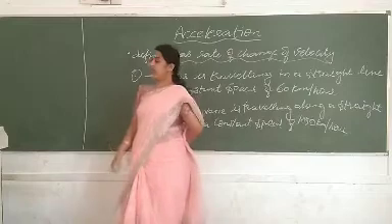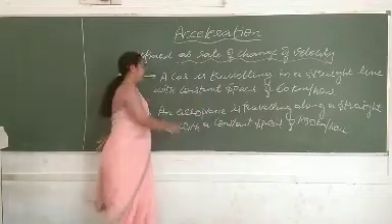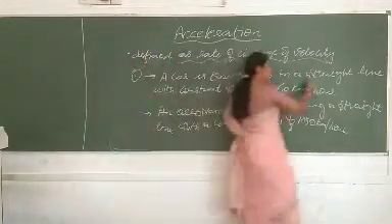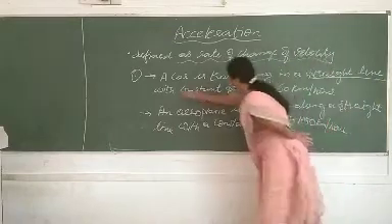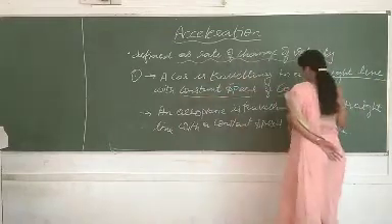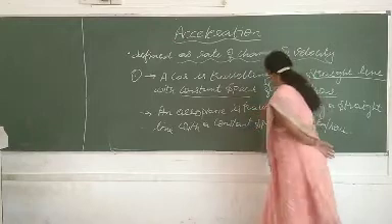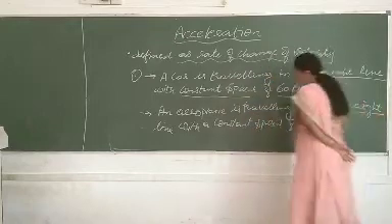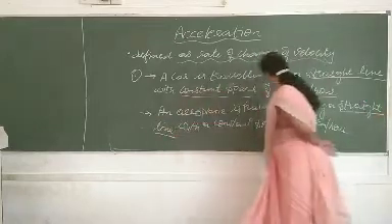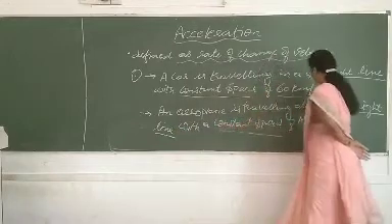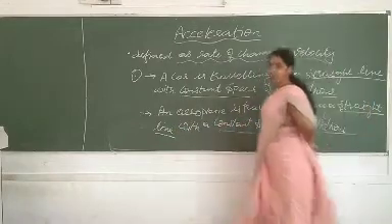Now let us read both the sentences once again. A car is traveling along a straight line with a constant speed of 60 km per hour. An aeroplane is traveling along a straight line with a constant speed of 1000 km per hour.